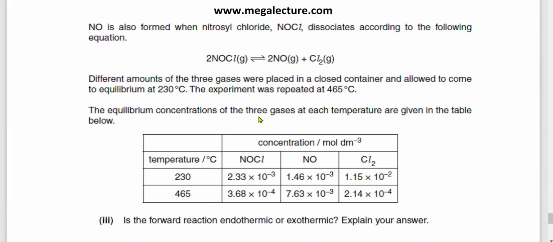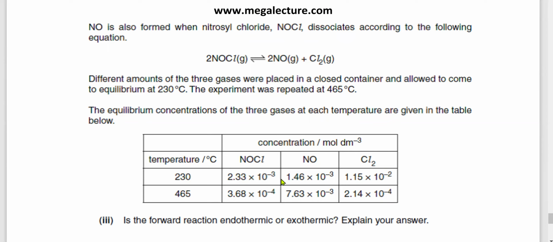The equilibrium concentration of the three gases at each temperature is given in the table below. What do you think? Is the forward reaction endothermic or exothermic? Explain your answer. I don't get what this table is showing.